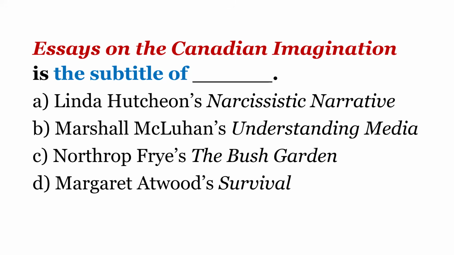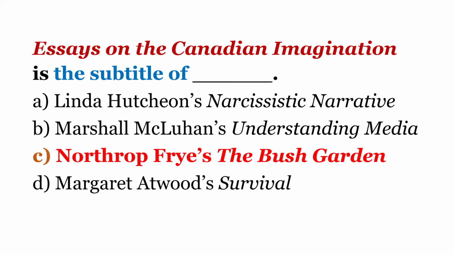A commonality among these four, all these writers are Canadian writers or Canadian critics. Answer C, Northrop Frye's The Bush Garden, whose subtitle is Essays on the Canadian Imagination. All the other works are also famous. So you have Margaret Atwood's Survival, about the Canadian imagination.